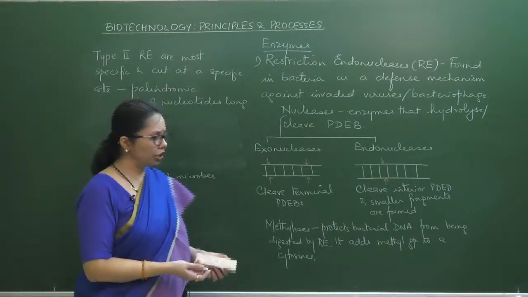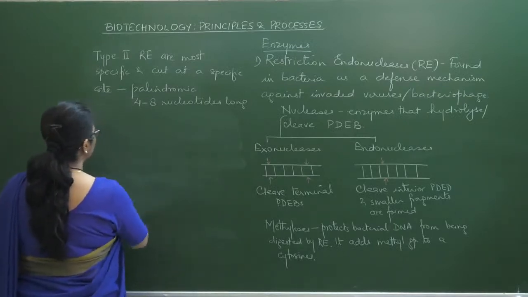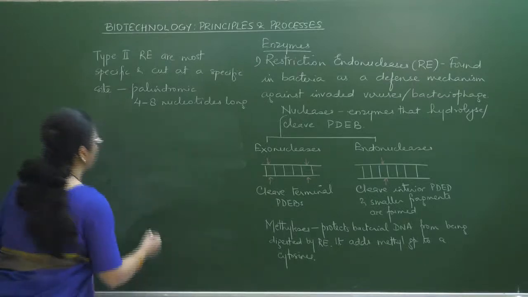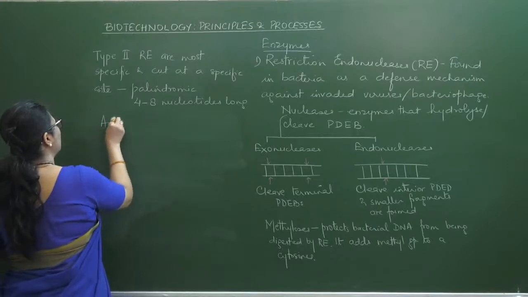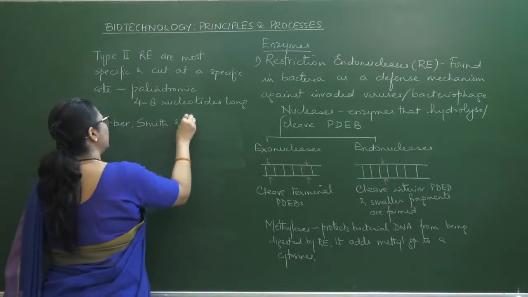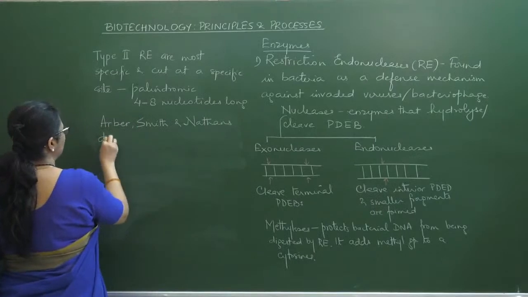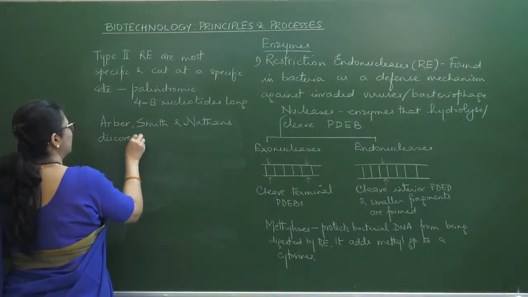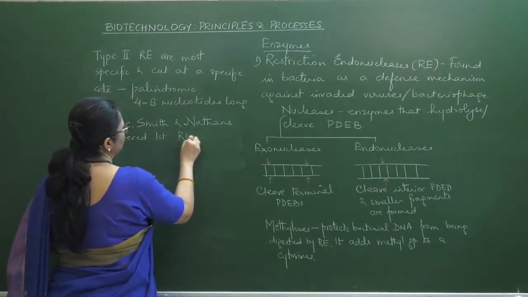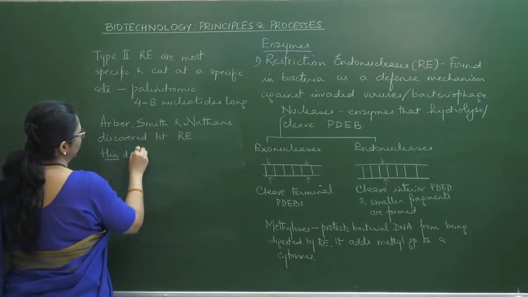Now the first restriction endonuclease to be discovered was by Arber, Smith and Nathans. So Arber, Smith and Nathans discovered the first restriction enzyme, and this one was HindII.